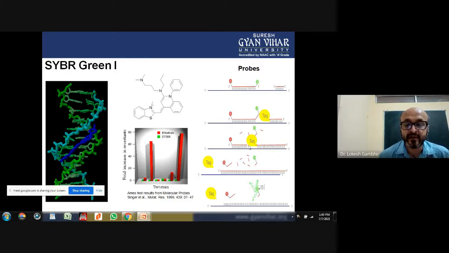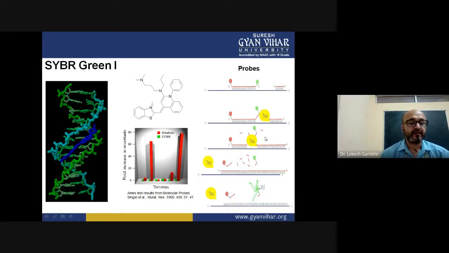The moment it cleaves it, the quencher is not able to suppress the fluorescence of the reporter, and we see the fluorescence, and that is how the complete aspect is visualized when we're talking about RT-PCR.